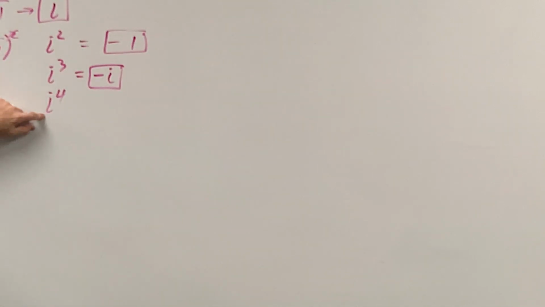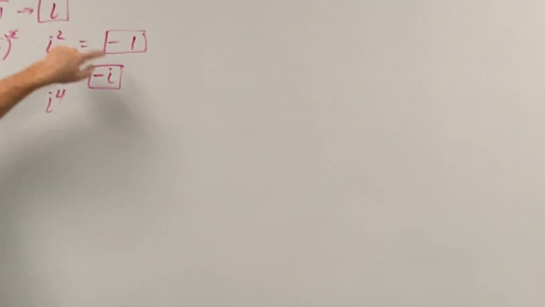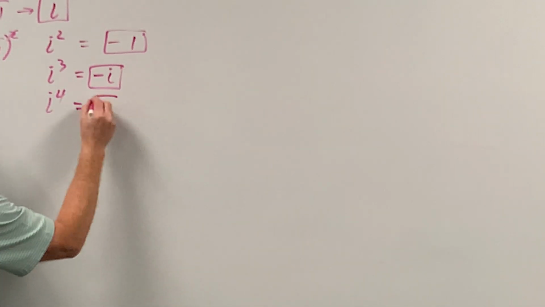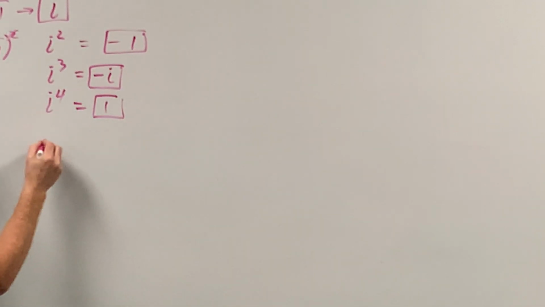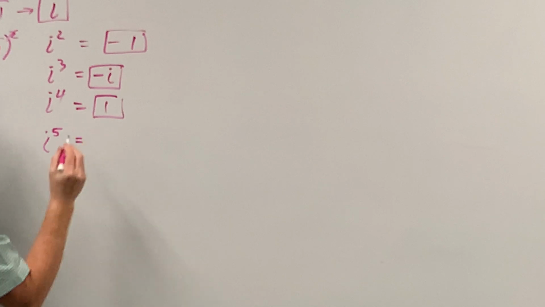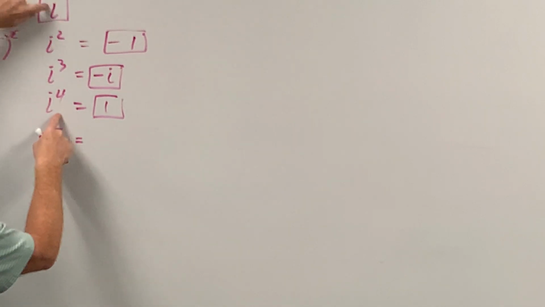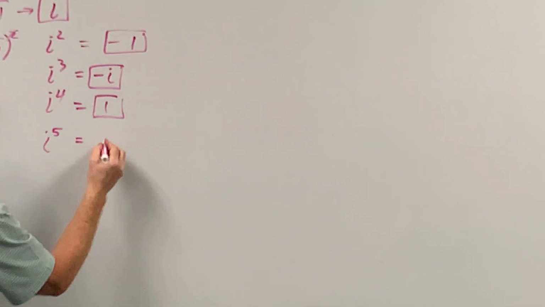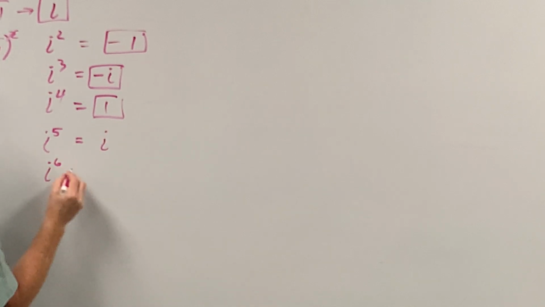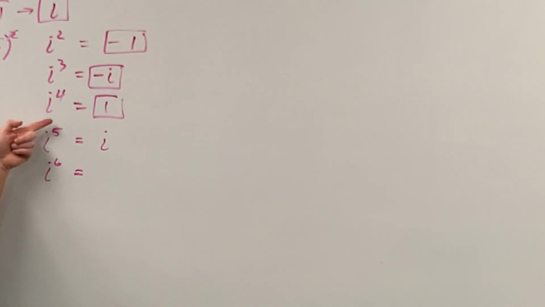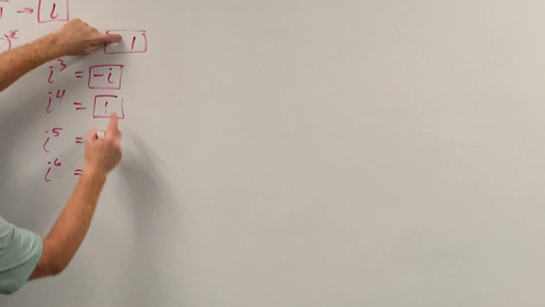And then i to the fourth is 1, because an i to the fourth is an i squared times an i squared, which is a -1 times a -1. And if I know those four, then what can I do with stuff like i to the fifth? Start over. i to the fifth is an i to the fourth times an i, so 1 times i is i. i to the sixth is a what? i to the fourth times an i squared, so 1 times -1.